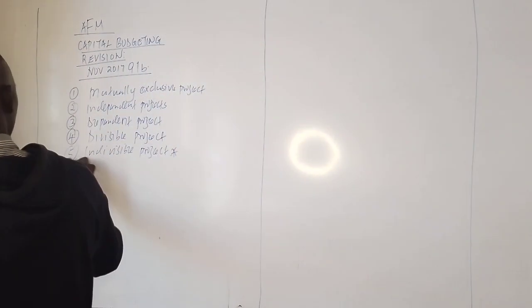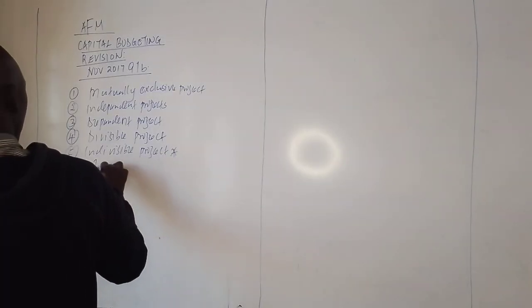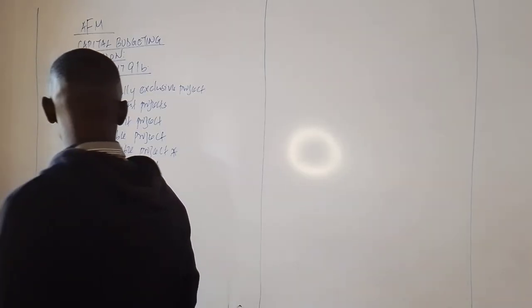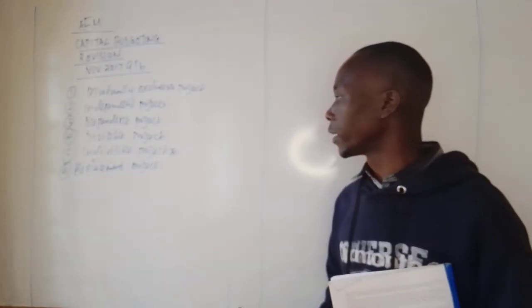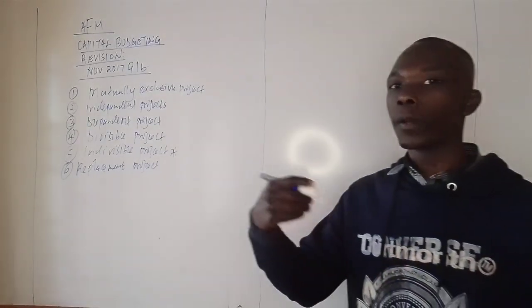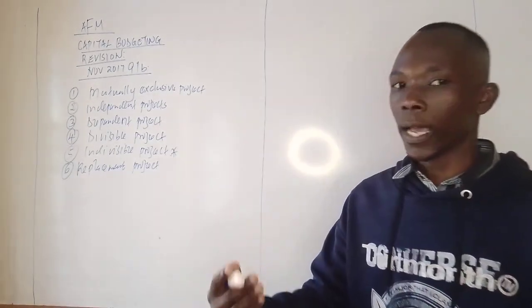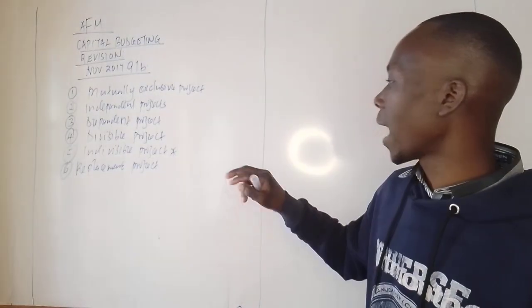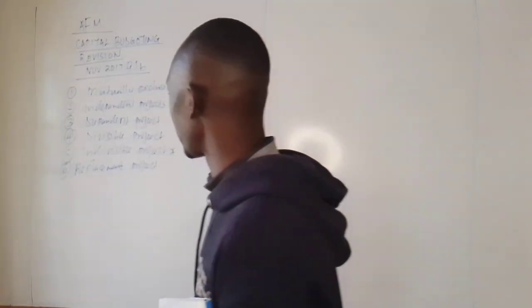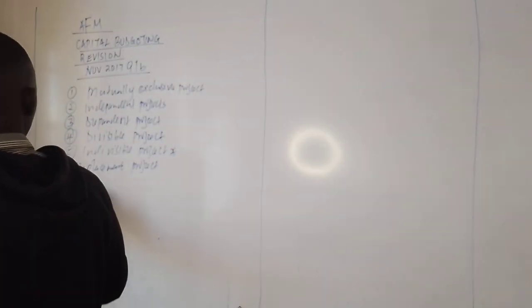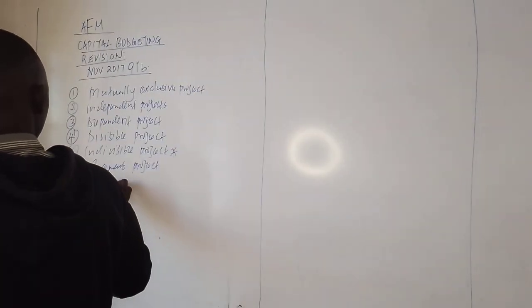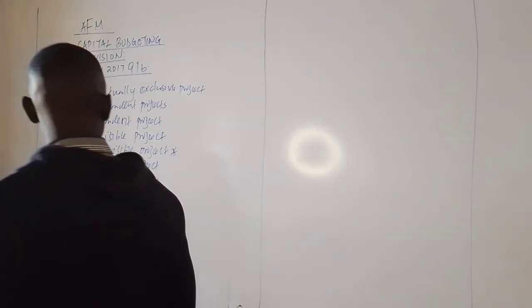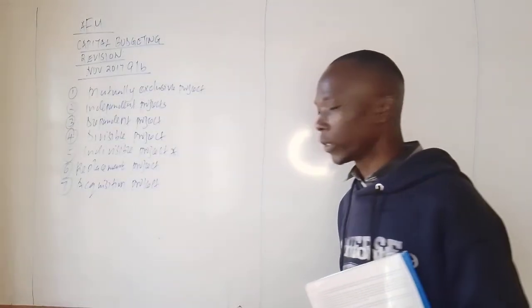Then number 6, we have the replacement project. This is where you replace an old and inefficient asset with a new and more efficient asset. Then number 7, we have the acquisition project.